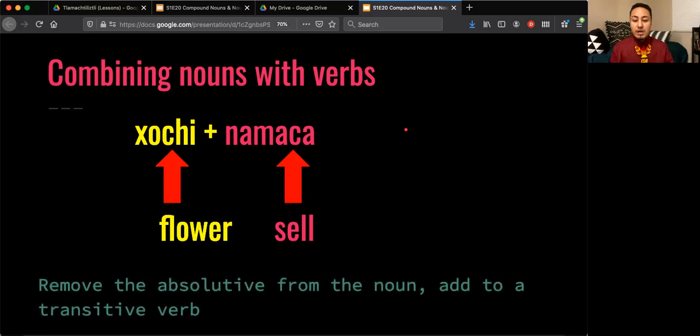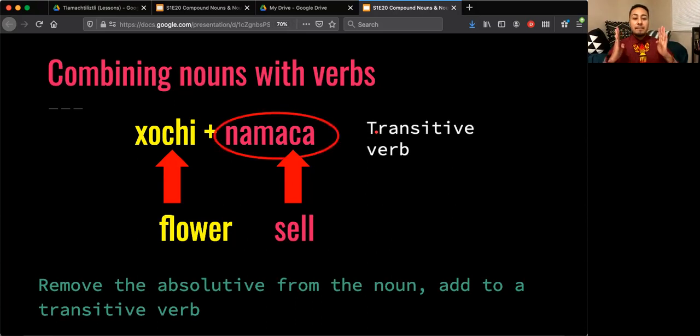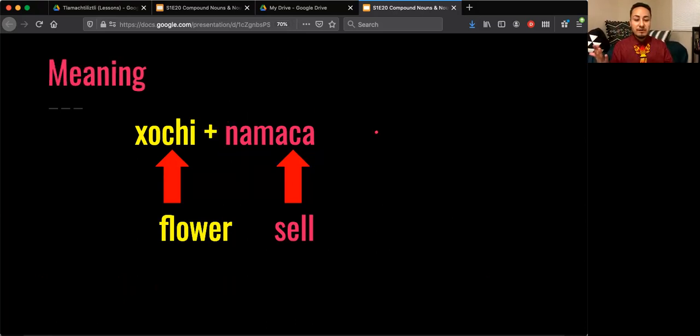Okay, so you're gonna do the same thing as when you combine two nouns together. You're gonna take the noun at the beginning, the xochi, and you're gonna remove the absolutive, which is that TL. You're gonna remove it, and then you're gonna add it to the verb. You can only add this to transitive verbs, verbs that take an object, like I said. So this must be a transitive verb.